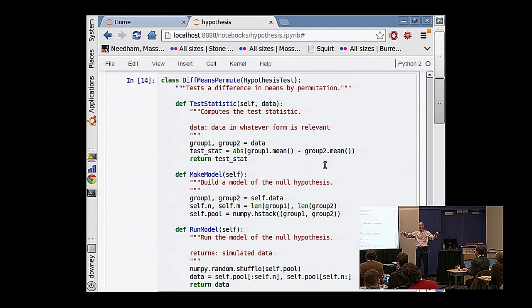M is the size of the other. When I shuffle the things and split them up, I'm going to select from the beginning to n. So that'll be the first n of them. And then I'm going to select from n to the end. And I think that'll be the remaining m of them. So I think this will do the right thing, even if the two sample sizes are not equal. If m is smaller than n, I think it's still okay. We'll double check, but I think it's okay.